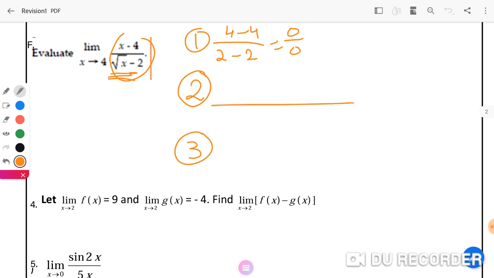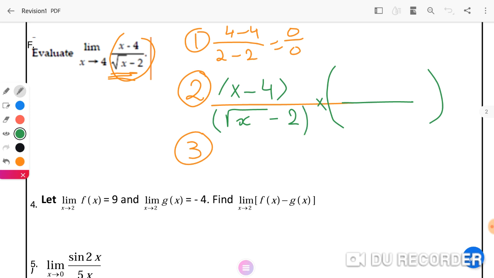Look with me here, x minus 4, the given function, then multiply both numerator and denominator by the conjugate of the non-polynomial, which is here the denominator. The conjugate means square root x plus 2 over square root x plus 2.